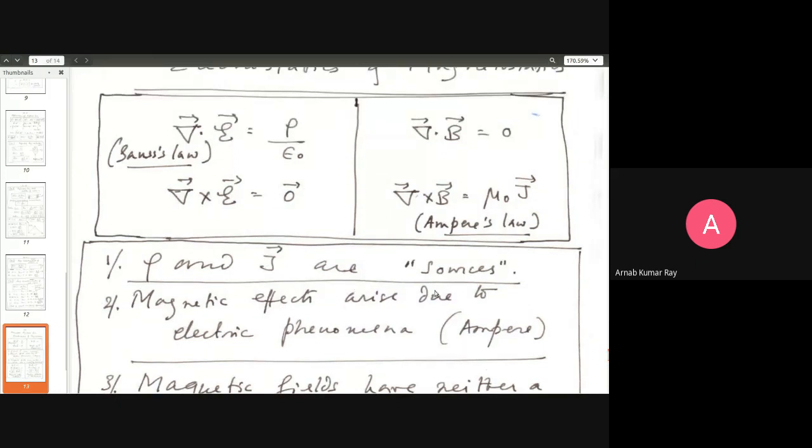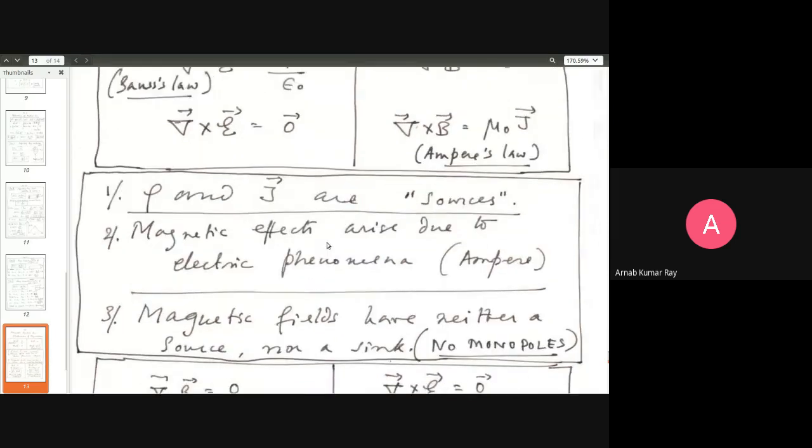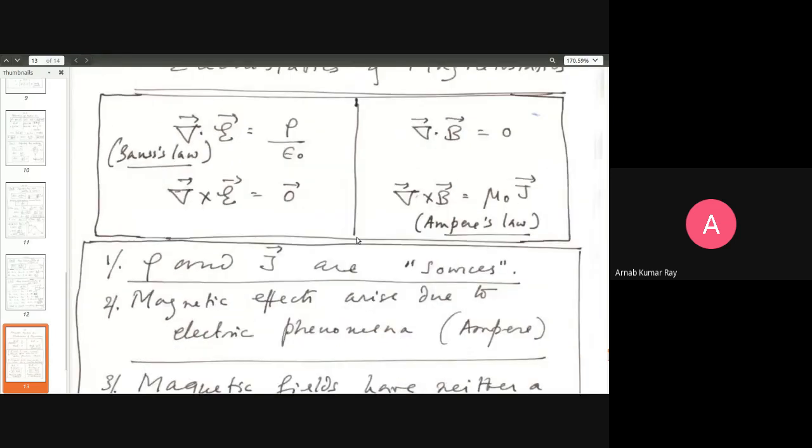So if you look at these equations, these are the conclusions that you should be able to draw. First, electromagnetic phenomena are simply due to charges, rho as in charge density, J as in charge flowing per unit time through unit cross-sectional surface area. Charge in both cases. I have not mentioned any North Pole or South Pole business over here.